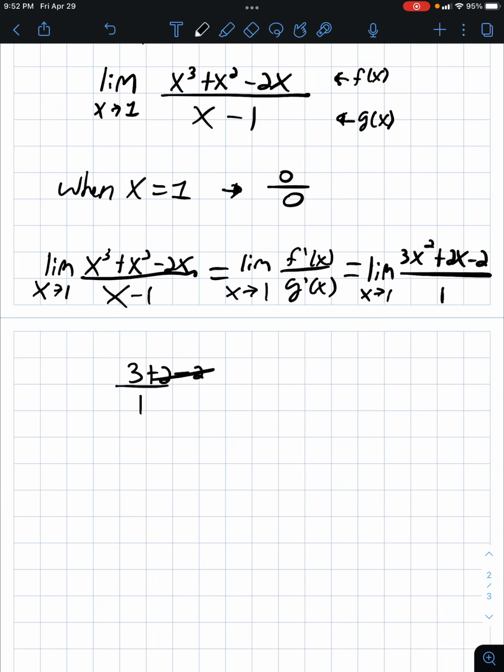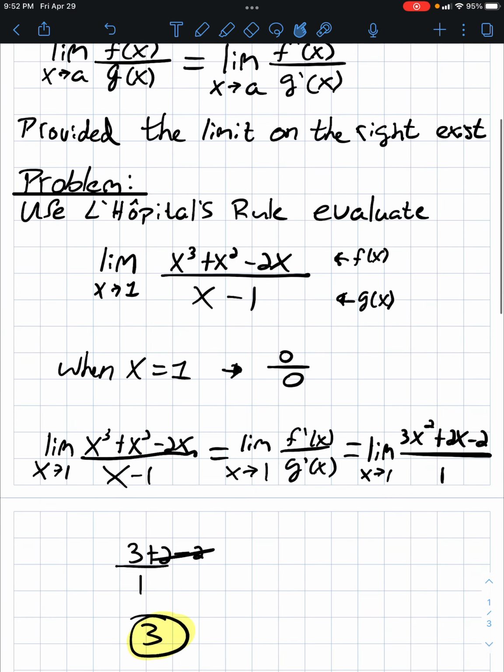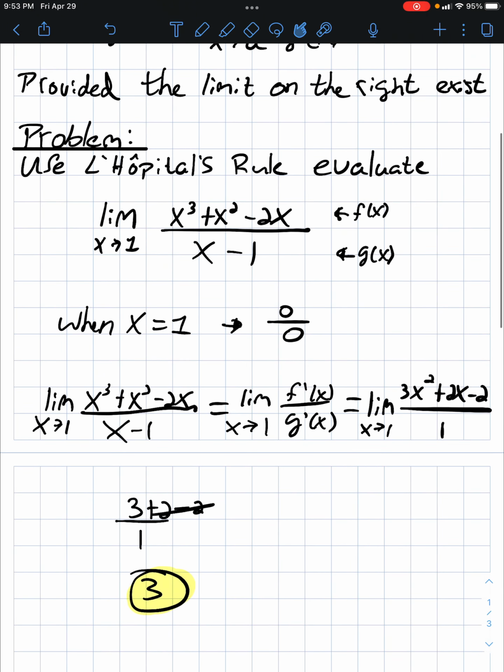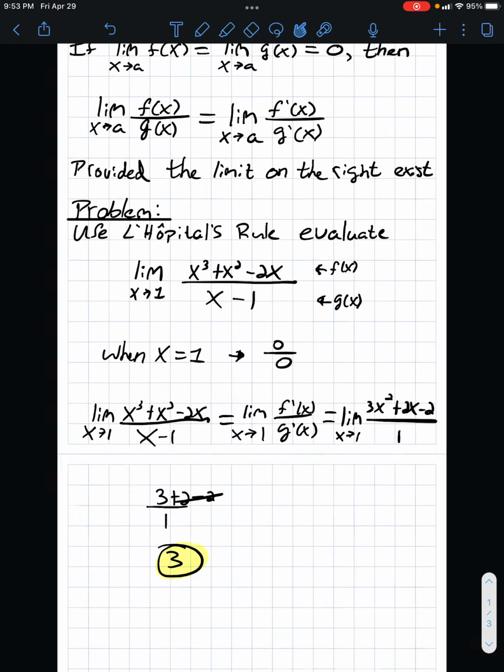So we get 3 divided by 1, which is equal to 3. So our limit as x approaches 1 of x cubed plus x squared minus 2x divided by x minus 1, applying L'Hopital's rule, is equal to 3.